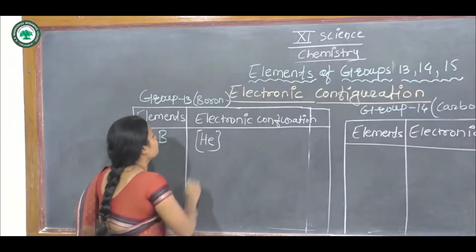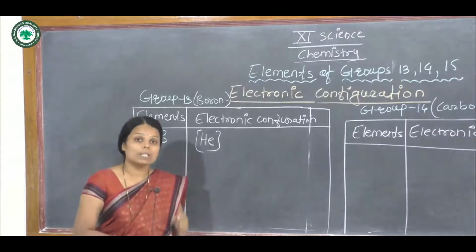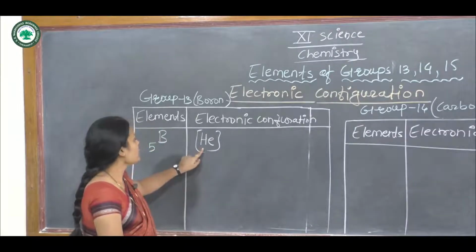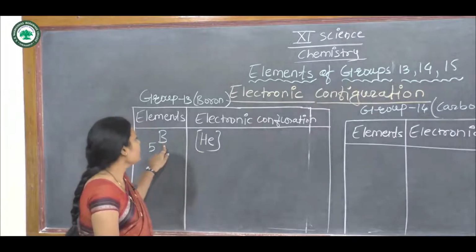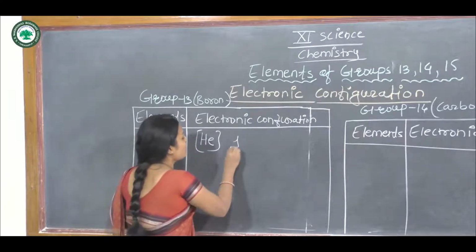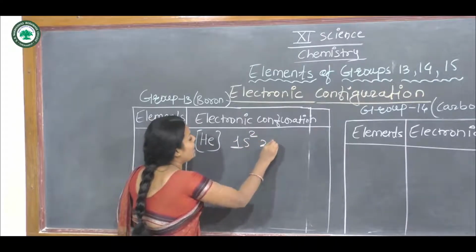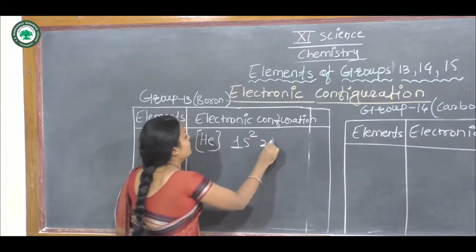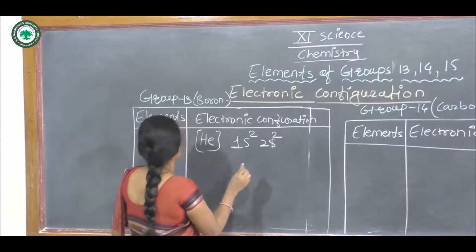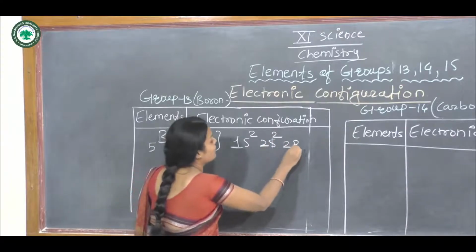We know that the atomic number of helium is 2. Now the electronic configuration is 1s2, 2s2, 2p1.